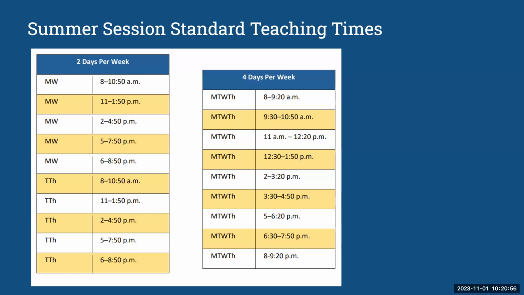We don't want classes to be overlapping, right? And it's a better use of classroom space too, when we're all following the standard teaching times that are available in summer. So these are also in the guidebook. If you're using general classroom space, you have to use standard teaching times.